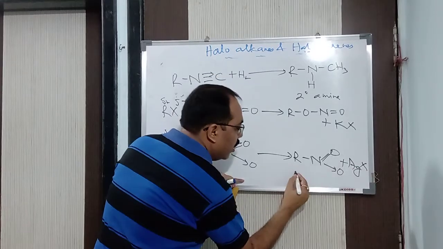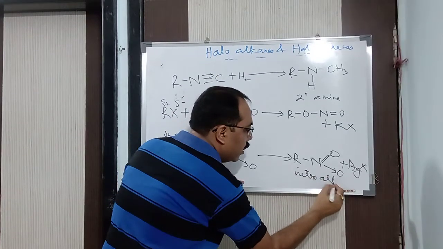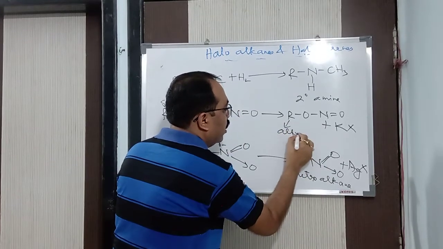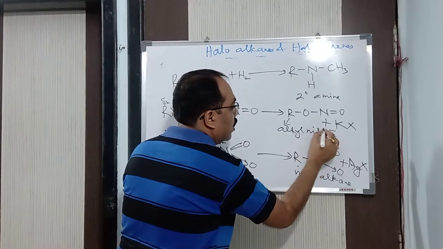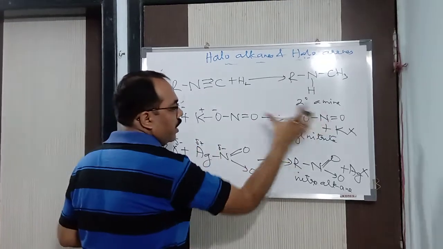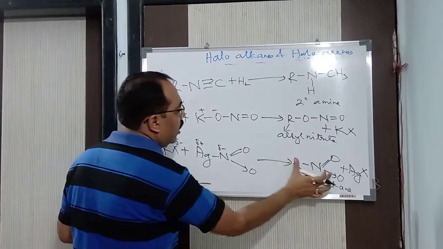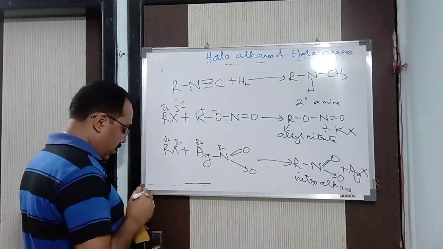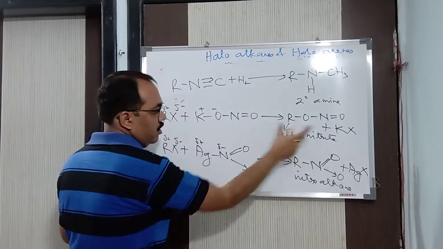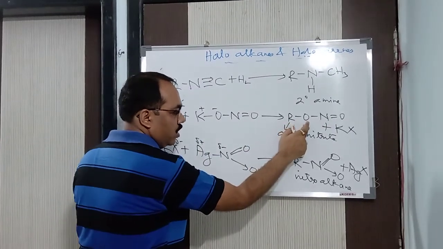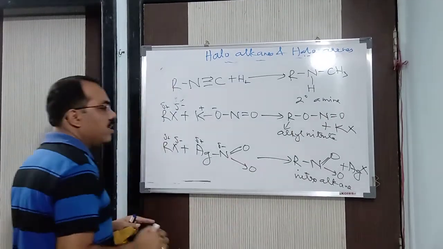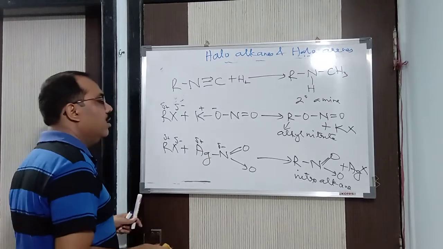So potassium or sodium nitrite gives alkyl nitrite, and silver nitrite gives nitroalkane. Of course, these are all alcoholic. This is also an ambident nucleophile: in one the alkyl group is attached to oxygen, in the other to nitrogen. Otherwise the molecular formula is the same. So we got two different reactions.